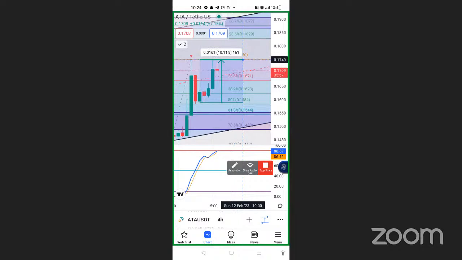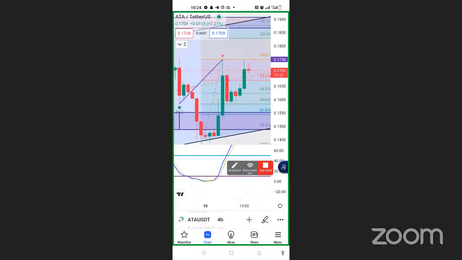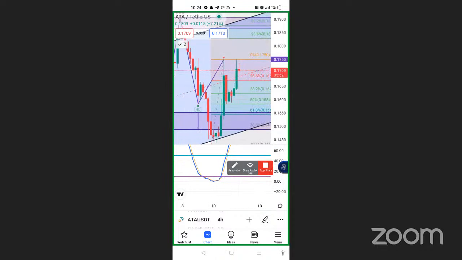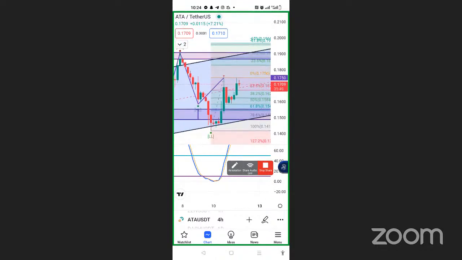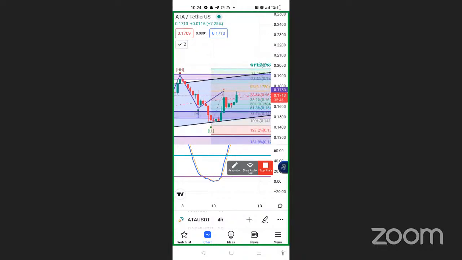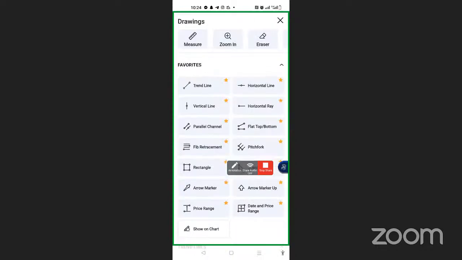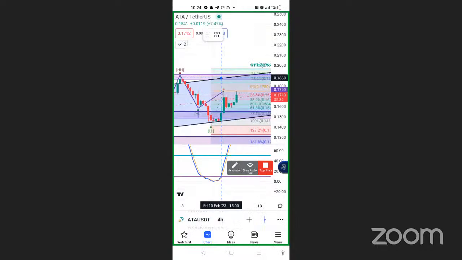So if you could use the stochastic RSI, very clearly, here you were seeing a higher low, but use the stochastic RSI here. Let me draw. Hope you see the stochastic.